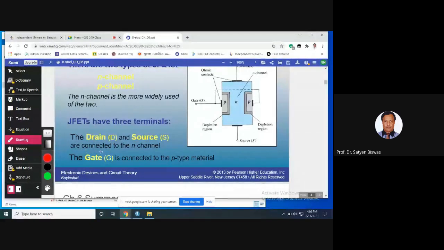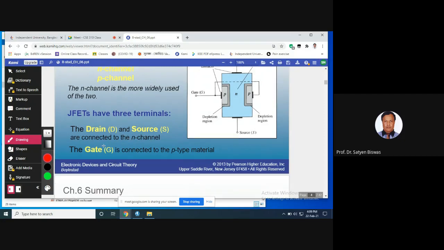So that is the controlling terminal. Here, the gate is the controlling terminal. When you apply voltage at the gate, the transistor will be either on or off. It depends on what kind of voltage you are applying, either positive or negative. So that is called the gate.